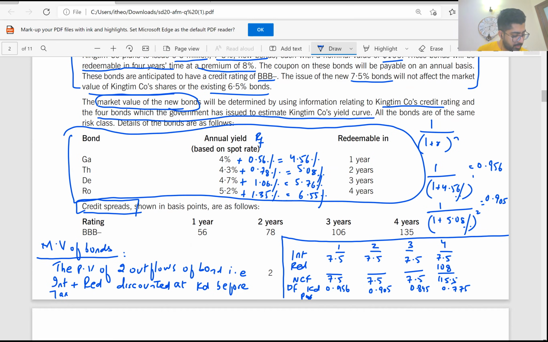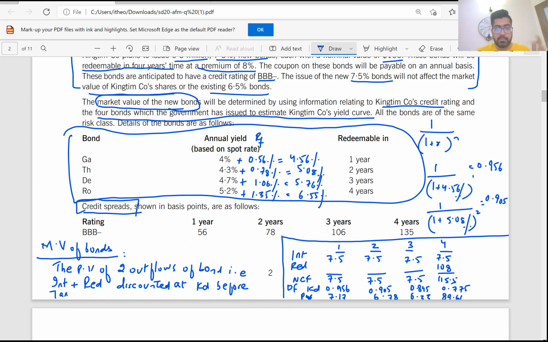So 115.5 in the last year multiplied by the discount factor gives 89.61, then 7.5 into 0.845 is 6.33, then 7.5 into 0.905 is 6.78, and 7.5 multiplied by 0.956 is 7.17.